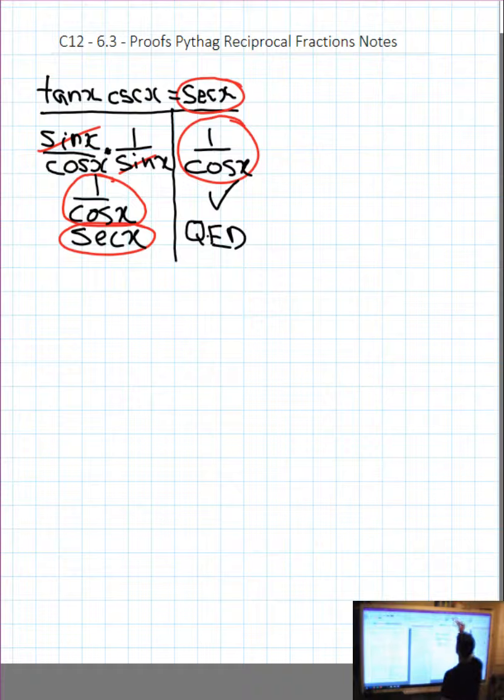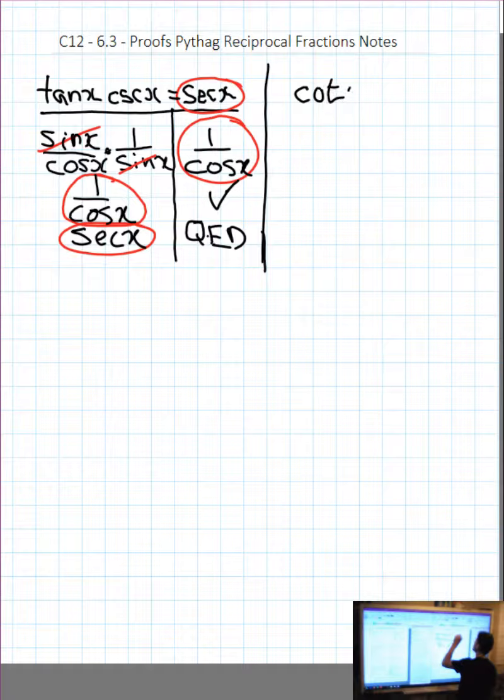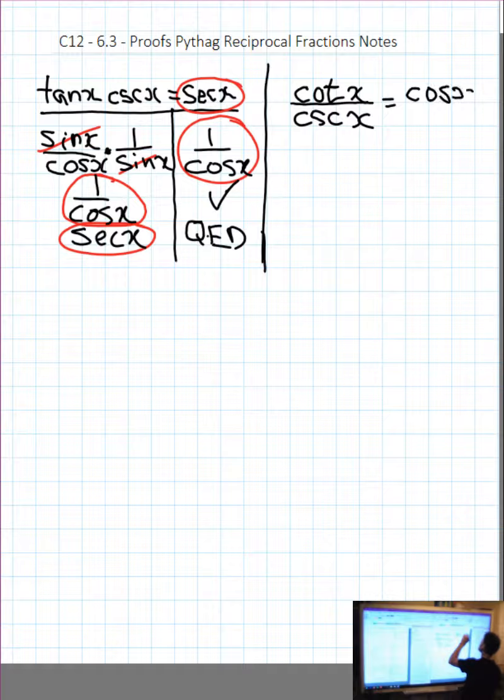So I'm going to divide the page in half, and I'm going to do another example off to the right. So we have cotan x. Notice I round my t's so they don't look like plus signs, and I round my x's so they don't look like plus signs, over cosecant x equals cos x. Well, cos x on the right, that's pretty simple.